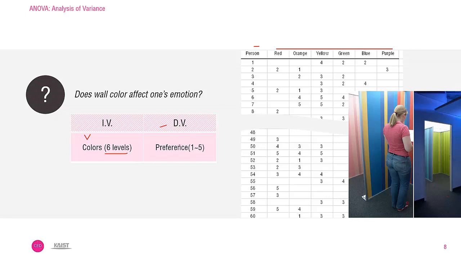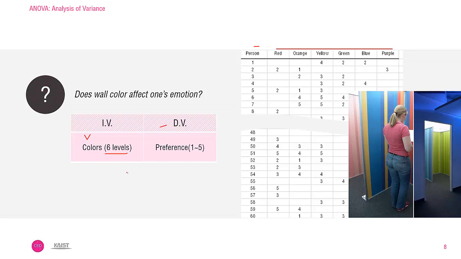The dependent variable was measured in an interval scale. We used a 5-point Likert scale, and 1 indicated I dislike the color a lot, and 5 indicated that I like this wall color a lot.